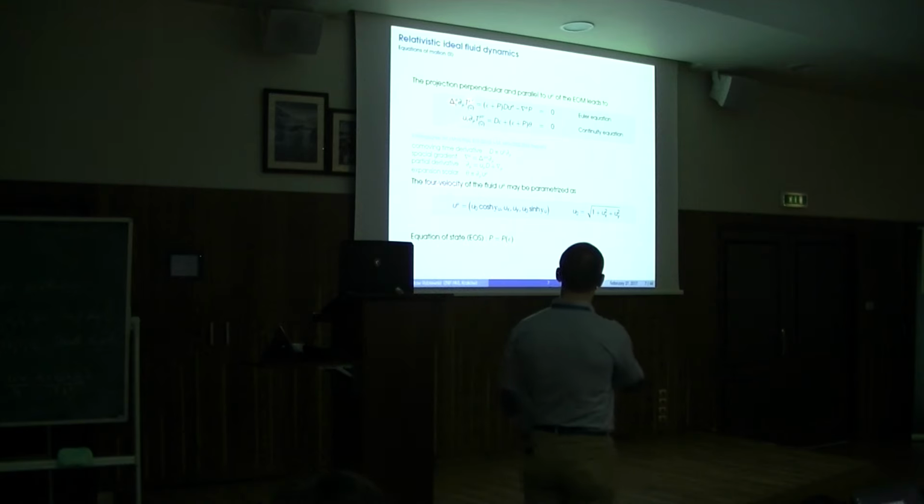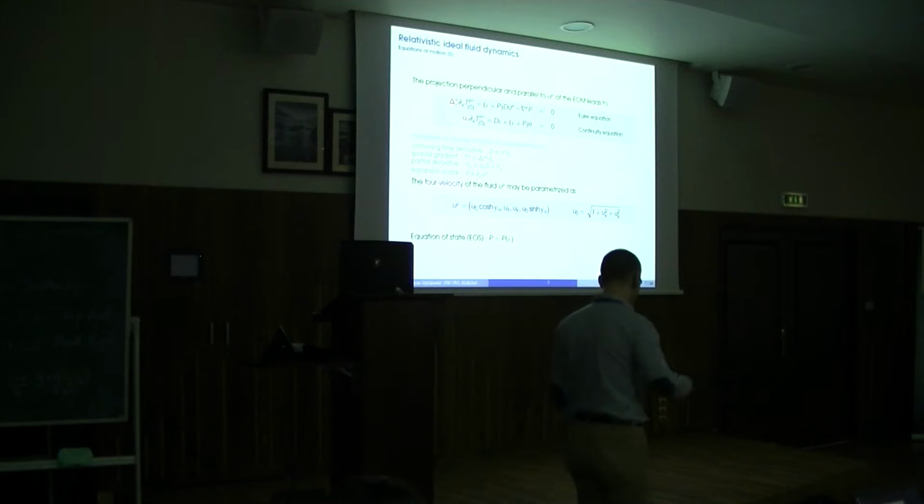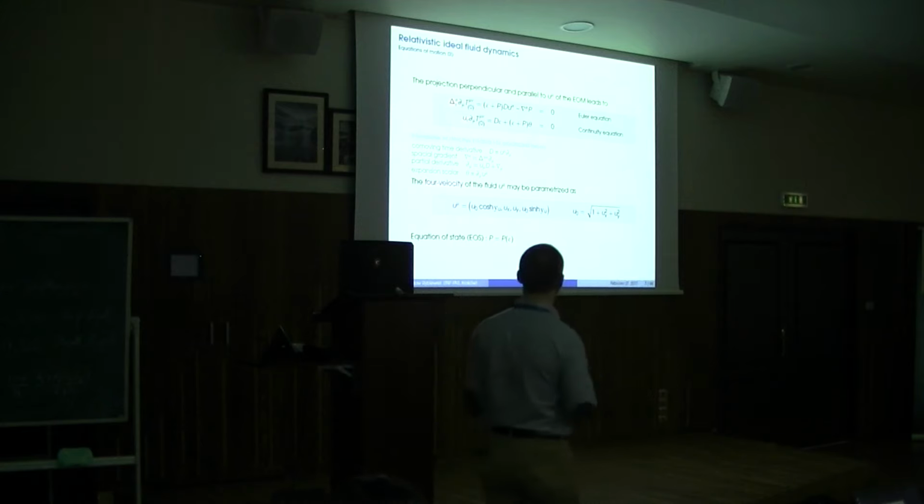When you project on the direction perpendicular, you obtain the Euler equation, and projecting along the four-velocity gives the continuity equation.